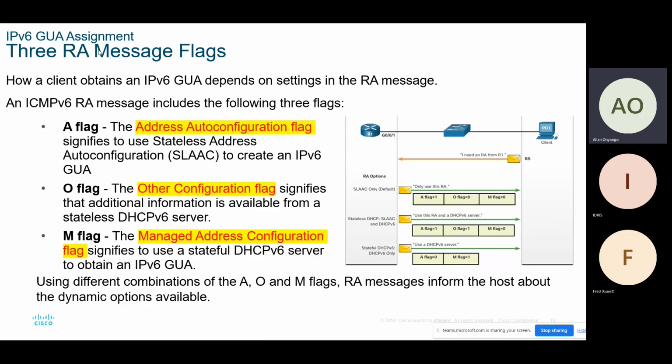I want you to look at it this way. When SLAAC only is being used, A will be equal to 1, O will be equal to 0, and M will also be equal to 0.